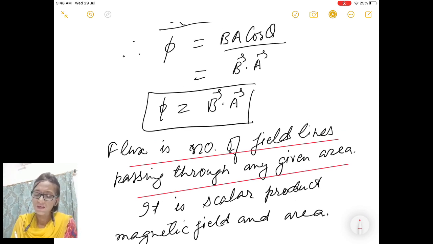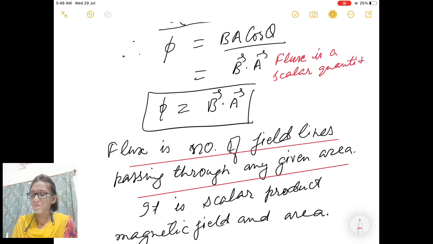It is a physical quantity which is scalar one. Flux is a scalar quantity as it is dot product of two vector quantities, and its SI unit is Weber.